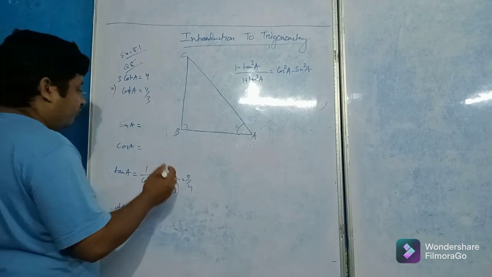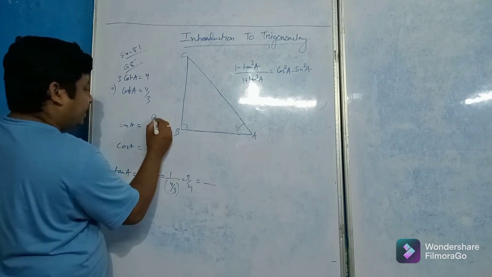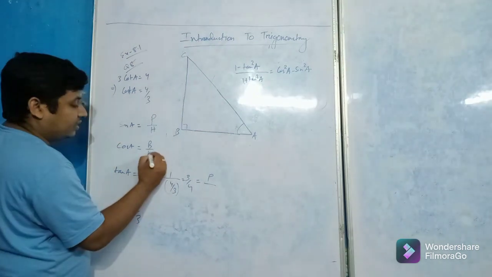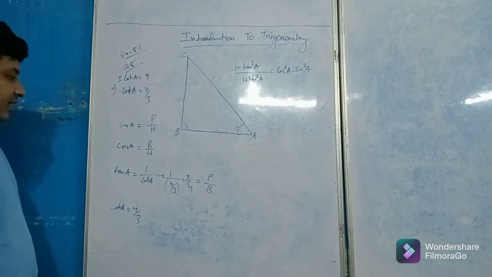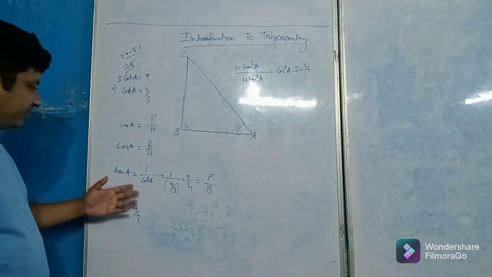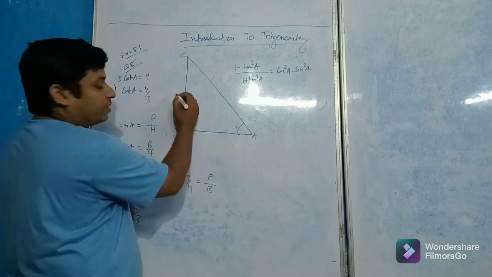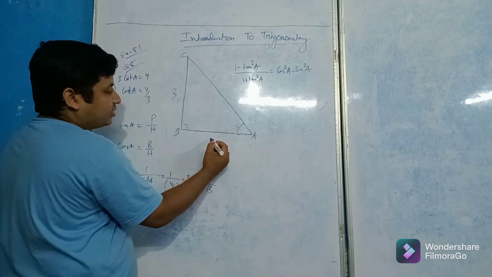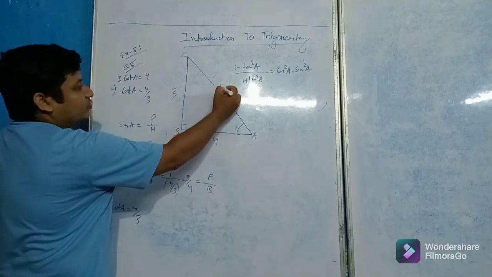Now we know the formula. Pandit, Badri, Prasad, Hari, Bol. Now this is the formula. So from here we will be writing P by B. P is what? The perpendicular part from A. It is 3. Base equals to what? 4. Now hypotenuse we have to find out.